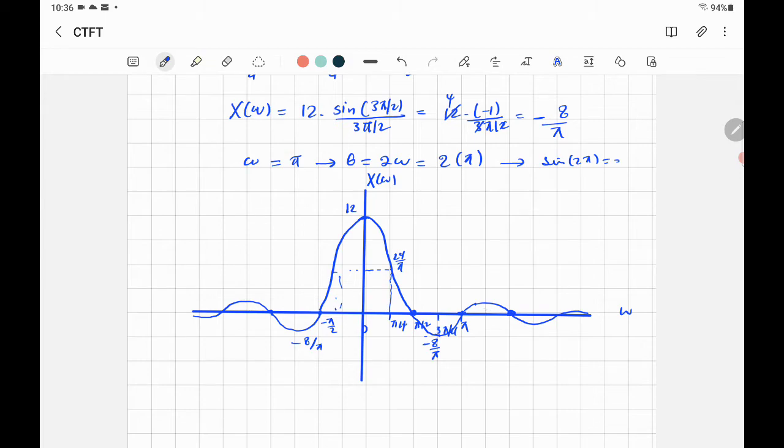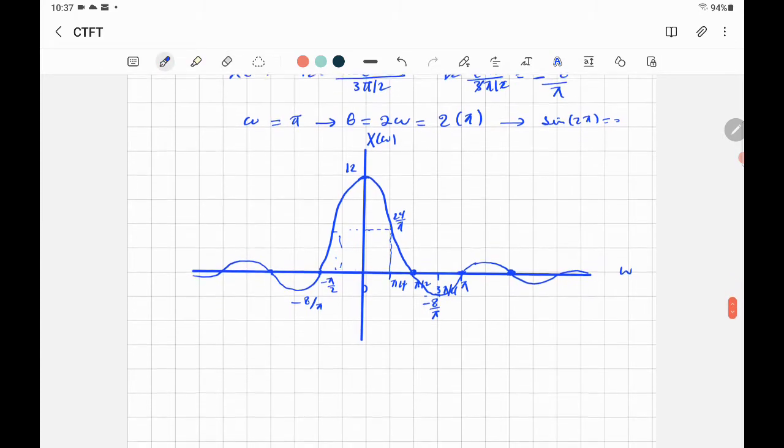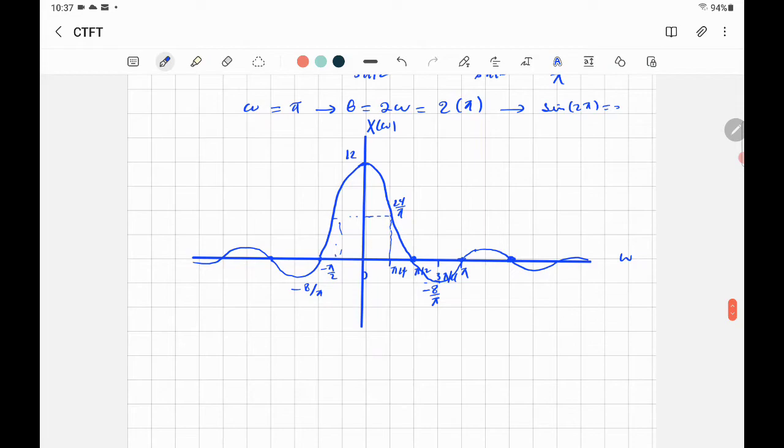It's continuous. So the spectrum here is continuous, different than Fourier series. In Fourier series, if you remember, it was discrete values at certain omega, like omega naught, 2 omega naught, 3 omega naught. But in this case, no. You have the frequency for every single value of omega you choose. It's continuous. And observe, it's symmetric about the y-axis.